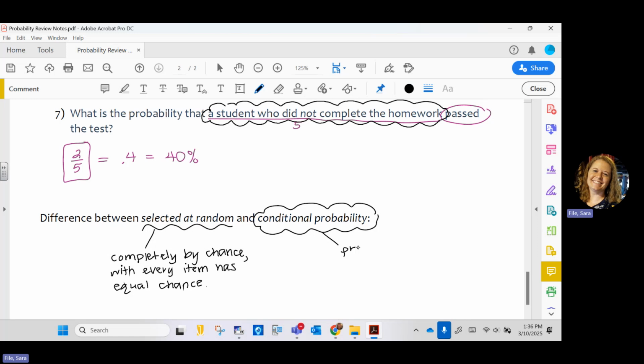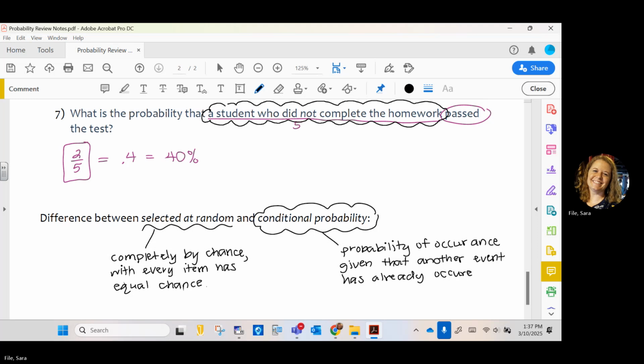Conditional probability is a probability of an occurrence, or of an event, given that another event has already occurred. That's what I underlined up here.